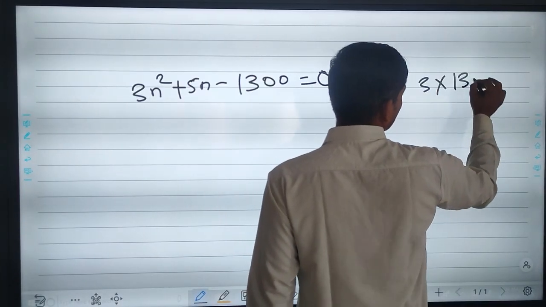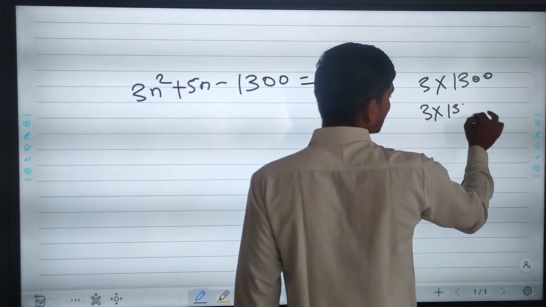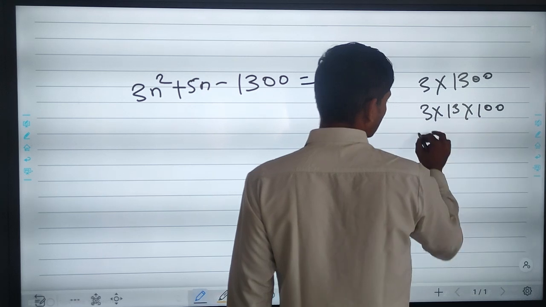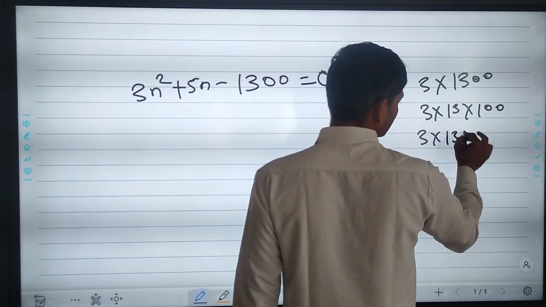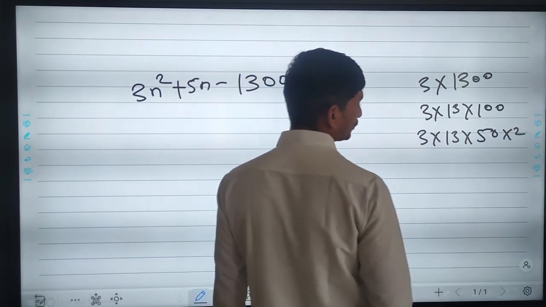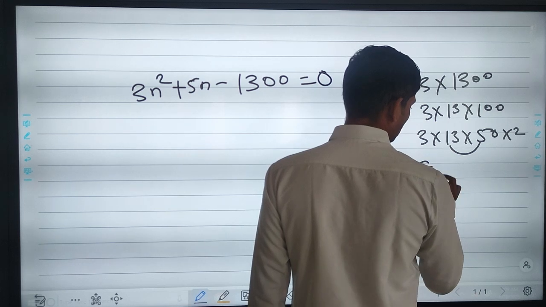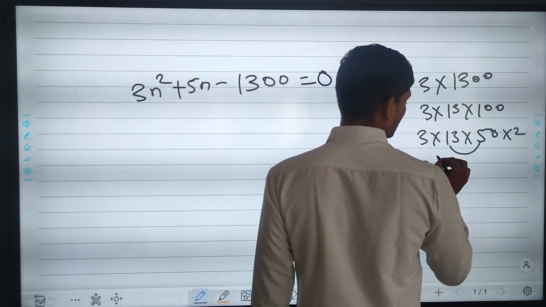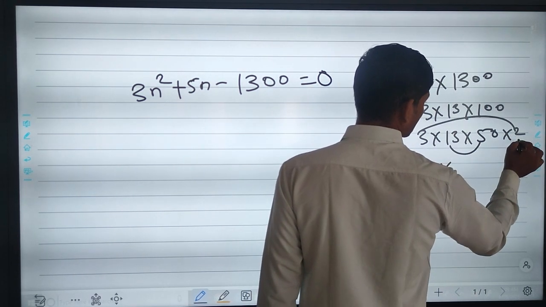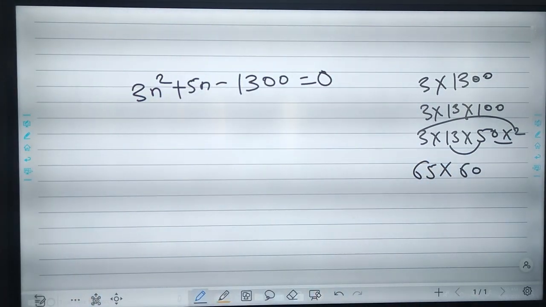We find the factors: 3 into 13 into 100, 3,900. The factors are 65 and 60.